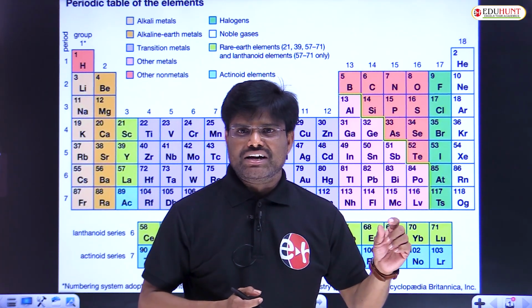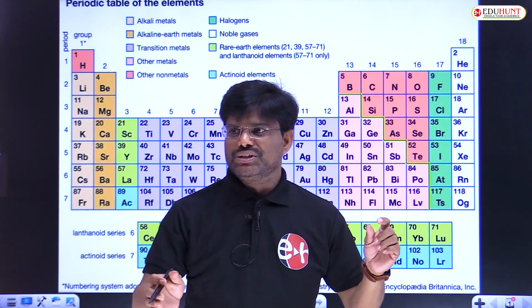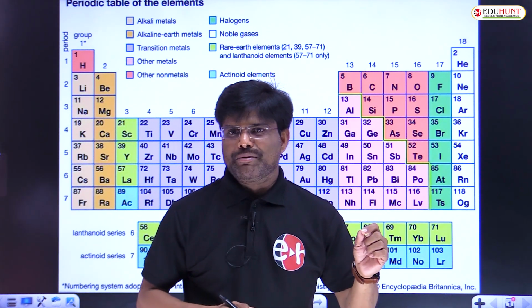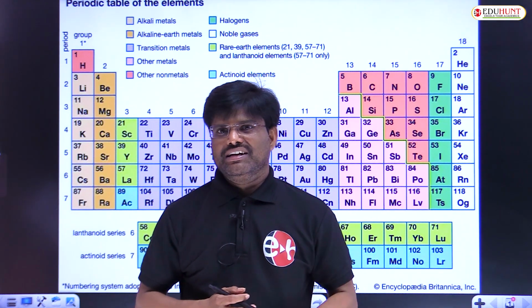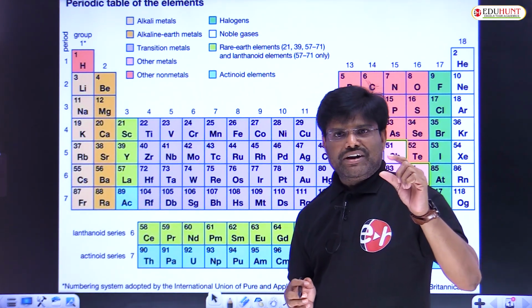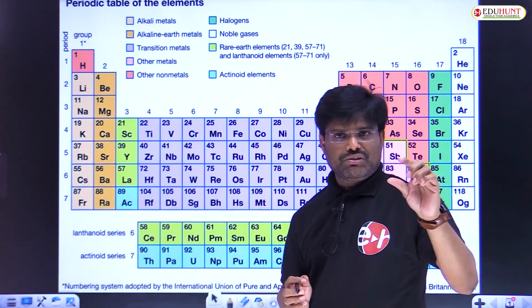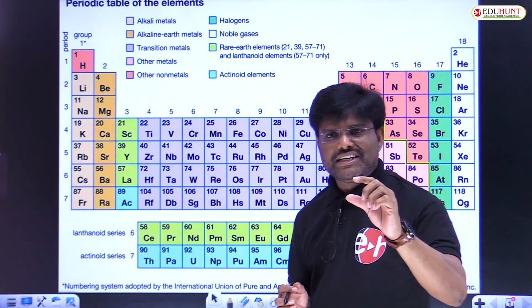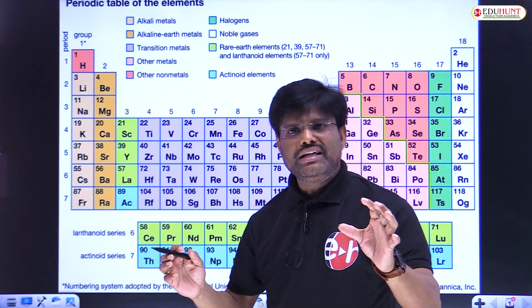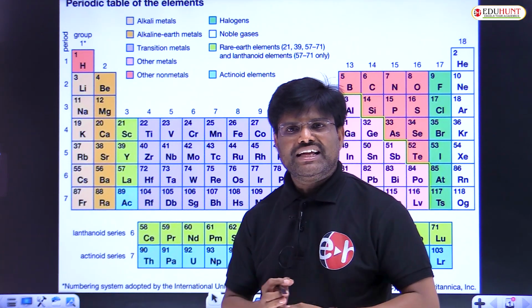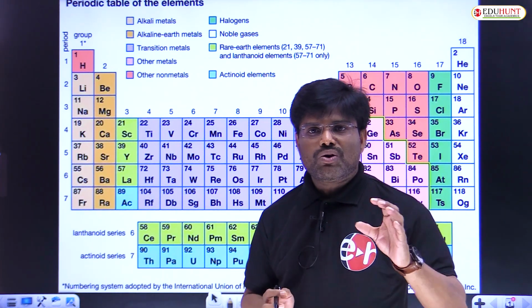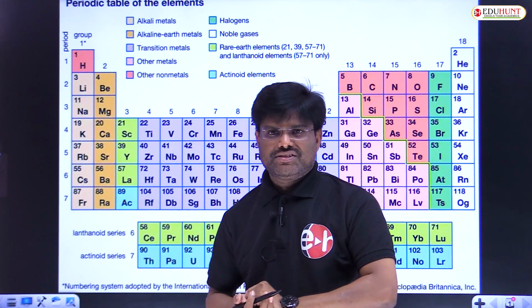So the elements in which the differentiating electron, that means the last electron, enters into the penultimate shell, that is the D subshell or D orbital, are called D block elements.